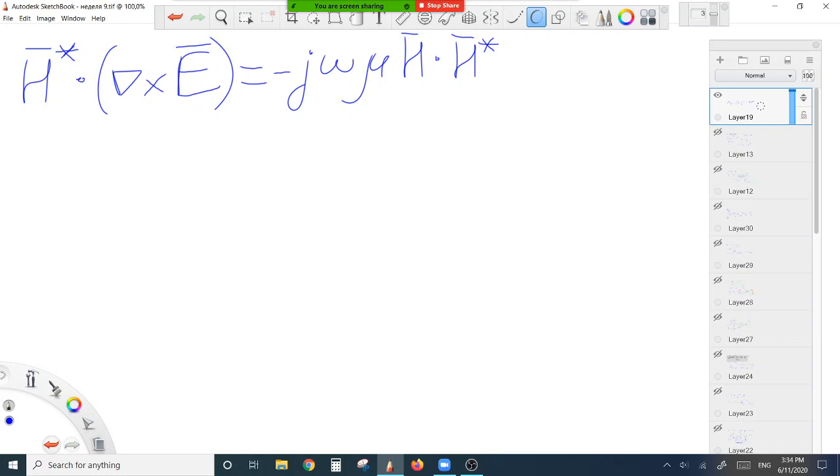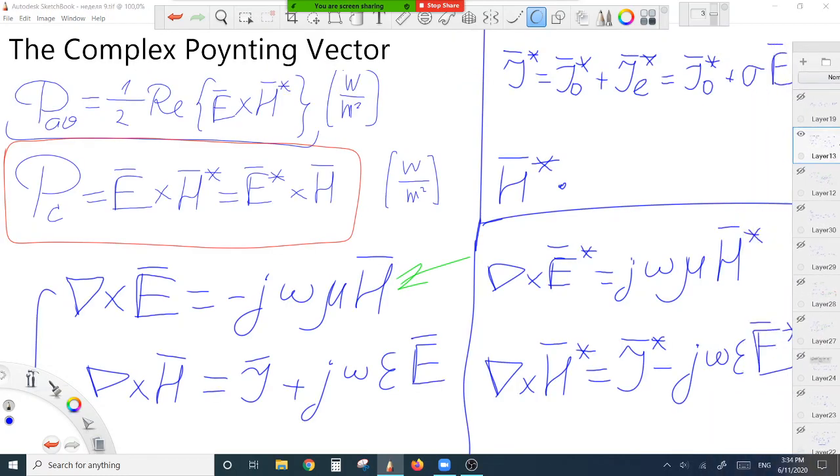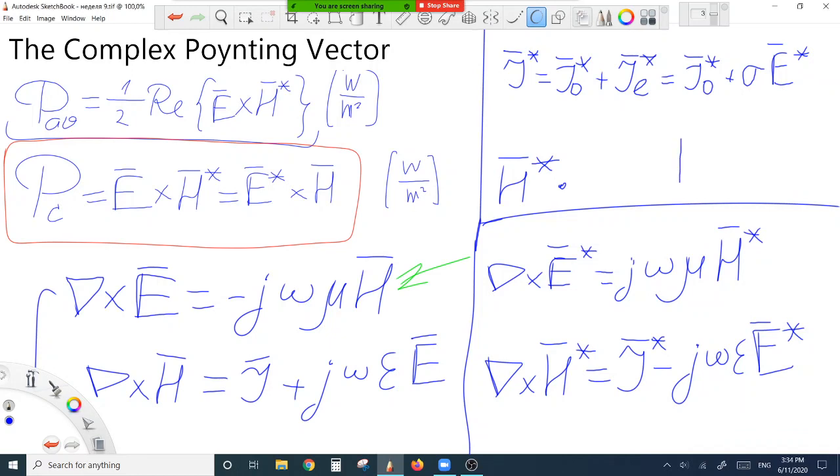And similarly we write the scalar product between the electric field intensity E and the last equation, which is this equation.